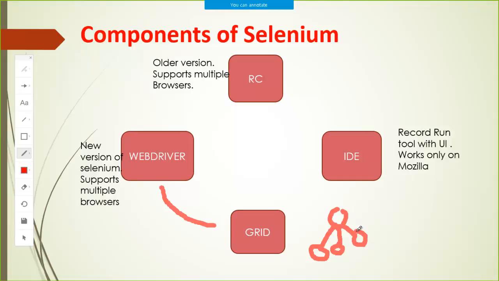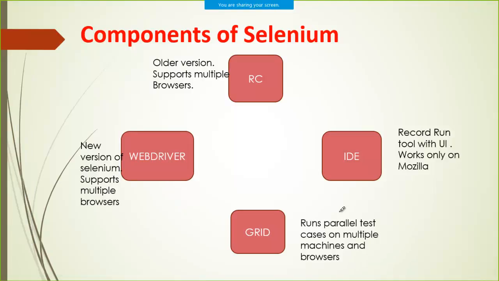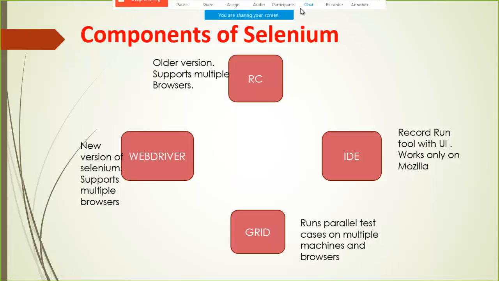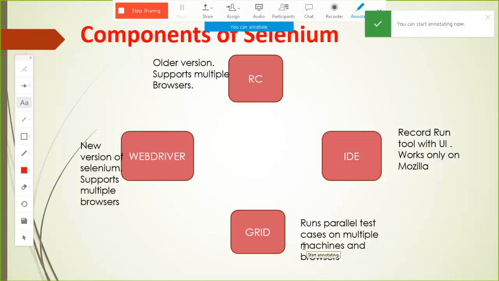The central machine is known as the hub, and the hub controls the execution of the test cases on the various other machines which are known as the nodes. So basically grid helps you with the parallel execution of test cases, and it helps you in saving your time.